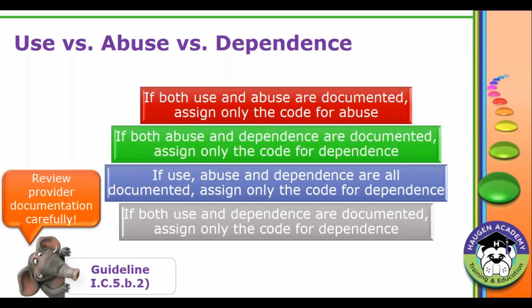And this can be so frustrating because provider documentation is not always real clear. I recently did an audit, and I probably wouldn't have recommended that they query, but they had abuse documented all through this record, and I can't even remember what the substance was, but I mean, I'm not a doctor, but it seemed like in the way they were treating it that this patient really was dependent.